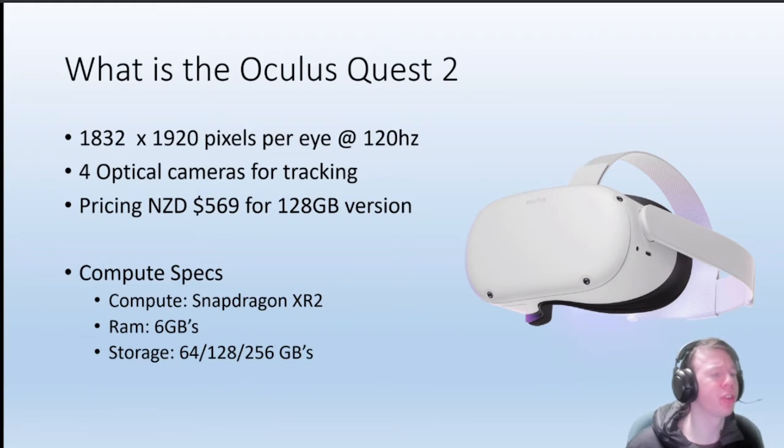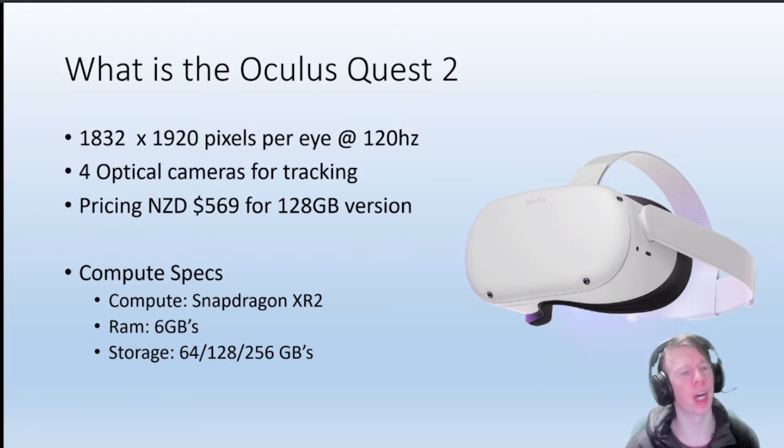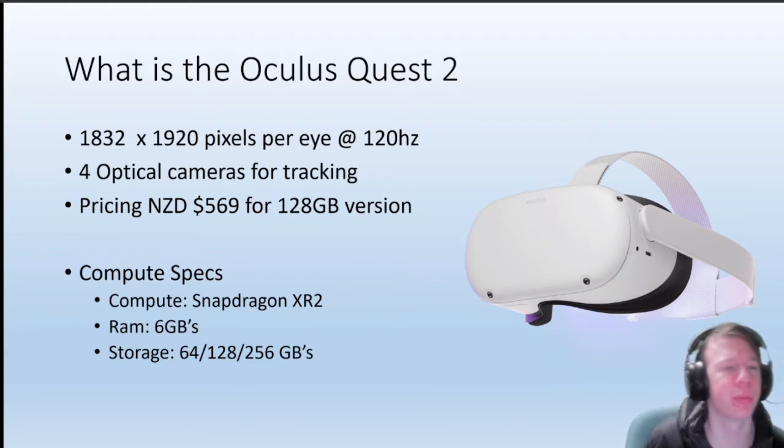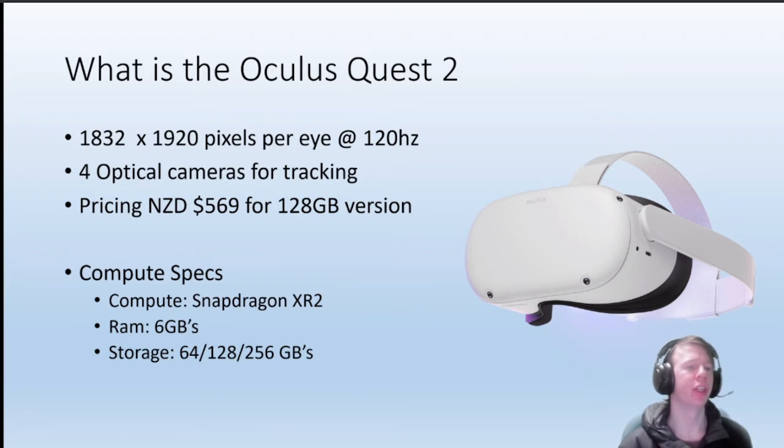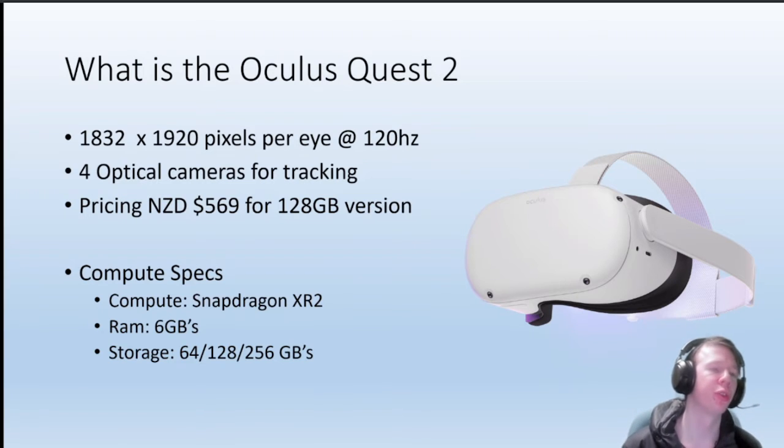So what is the Oculus Quest 2? It's a super cheap VR headset. It's by far, I think, the cheapest way to get into VR now, other than Google Cardboard. It's 570 New Zealand dollars for the headset. The resolution of the headset's super high. It's higher than anything really that came before it, pretty much.